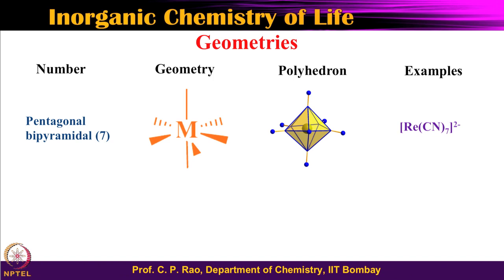So, what did I talk to you about now? Different geometries up to coordination number 7. Coordination number 1 has no meaning. Coordination number 2, 3, 4, 5, 6 and 7. For 1, 2 and 3, they are often found as linear and trigonal planar.